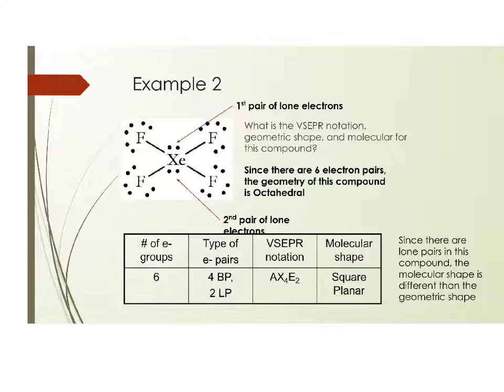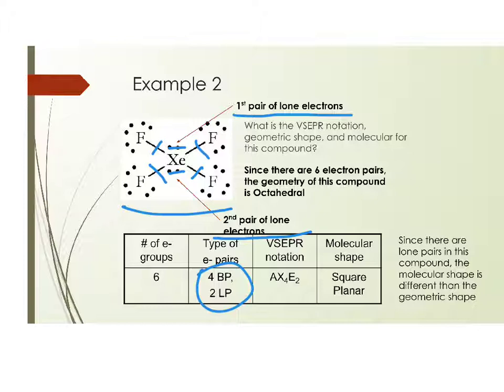Now let's take a look at another example asking the same question of what is the VSEPR notation, geometric shape, and molecular shape for this compound right here. As you can see, this compound is actually different from the other one because there are lone pairs of electrons. Since there are 6 electron pairs represented by 2 lone pairs and 4 bonded pairs right here, 1, 2, 3, 4, 5, and 6, the geometry of this compound would be octahedral.